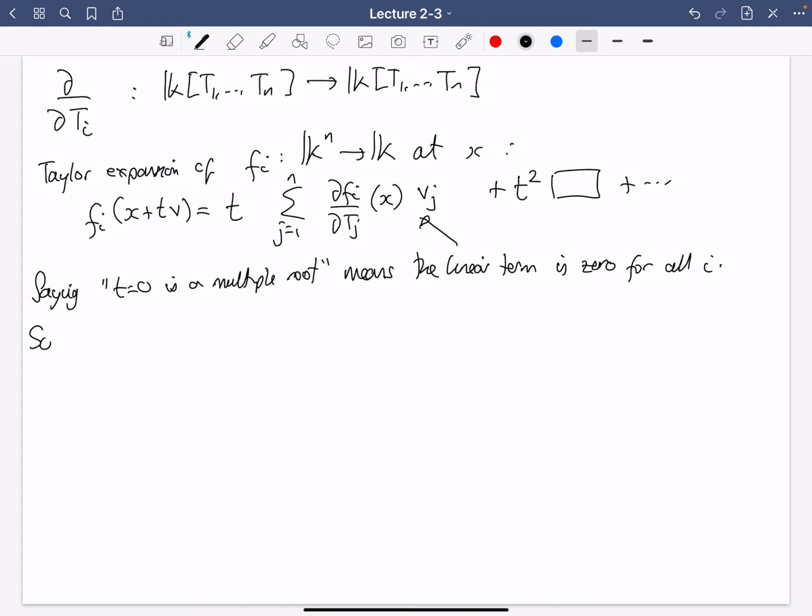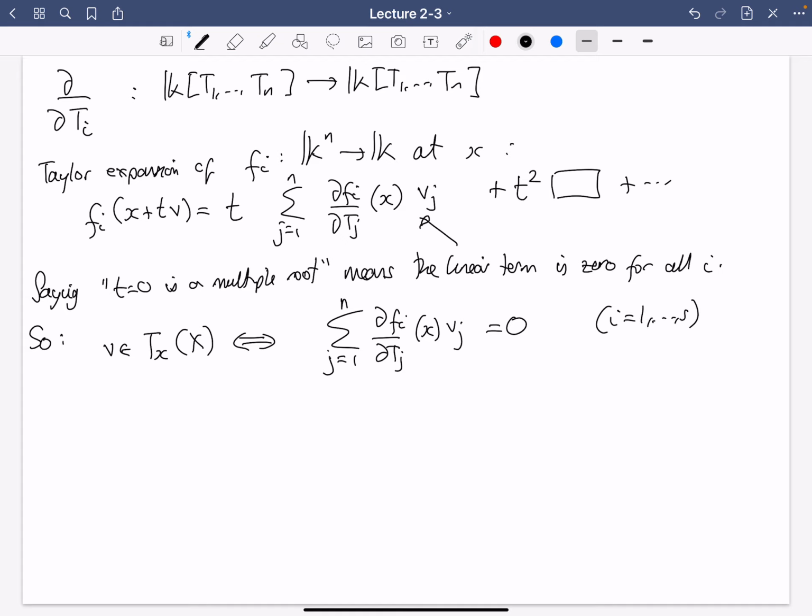In other words, that vector v is in the tangent space. It's a tangent vector if and only if that t coefficient, the sum of df_i/dt_j(x) v_j, is 0 for all i ranging from 1 up to s. So those are the equations that cut out this tangent space.